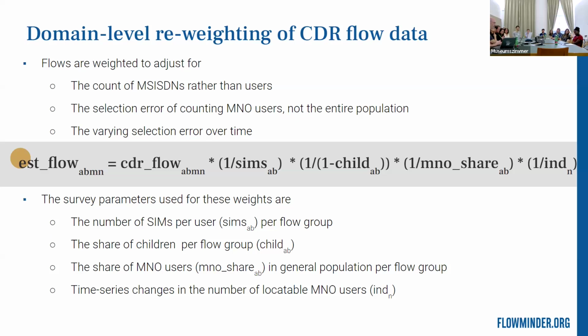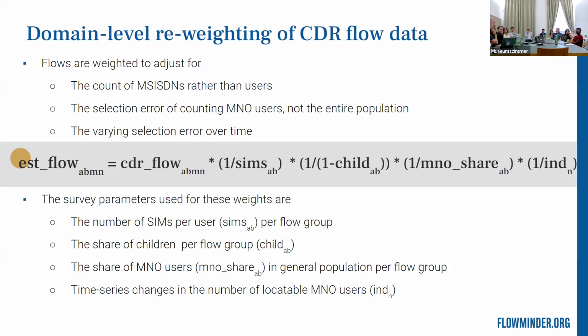We have to factor in the lack of population coverage, that is both the MNO share that we get from the survey data per sub-region or per domain, and here per flow, as far as this is discernible from survey data. A factor to also include the mobility of children. We have that also from survey data, and very young children are always excluded from MNO data, from CDR data.